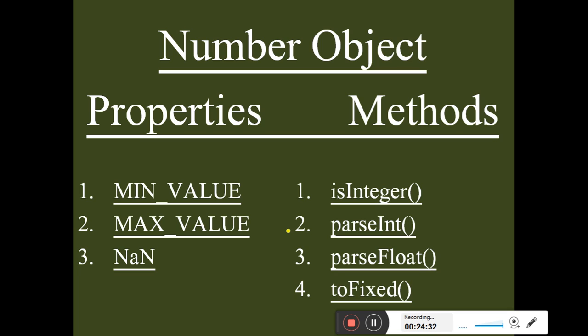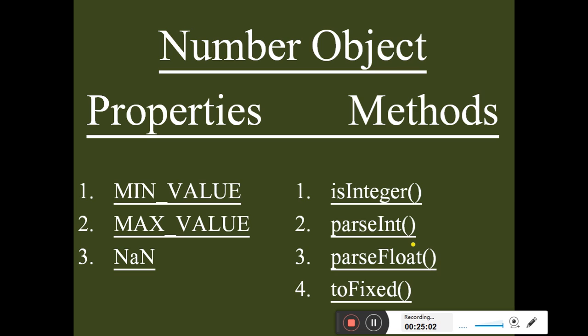So it will return a Boolean value, true or false. Okay. Then we have seen the parseInt method. This parseInt method will convert the entered value into an integer value and will return the integer value as an output. Okay. Then parseFloat. This parseFloat method will convert the entered value into a floating point or decimal point number and will return the floating point number as an output.